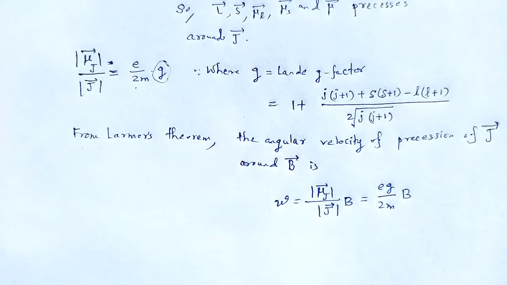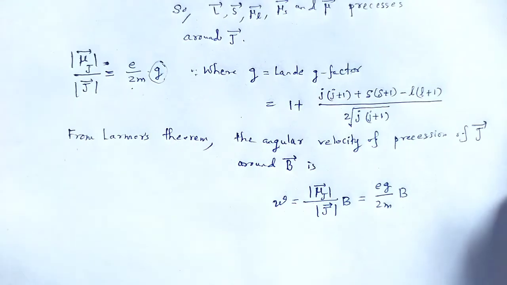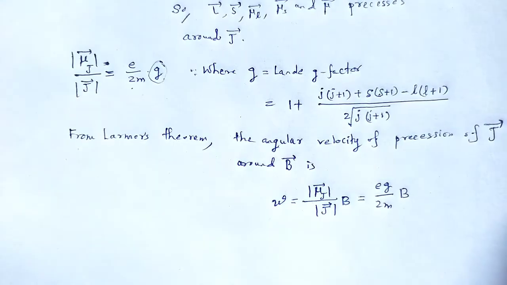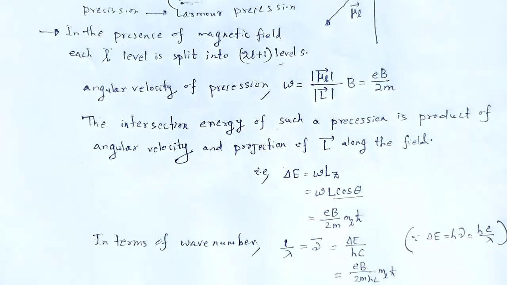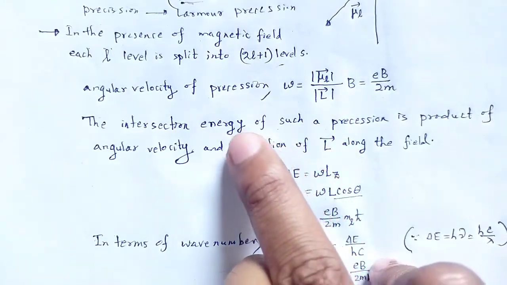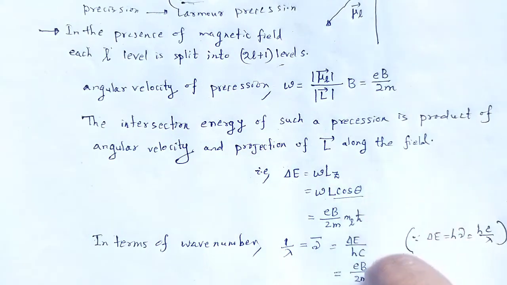And the energy of precession is the product of the frequency and the projection of J along B. In that case also we get the interaction energy as in the normal Zeeman effect.